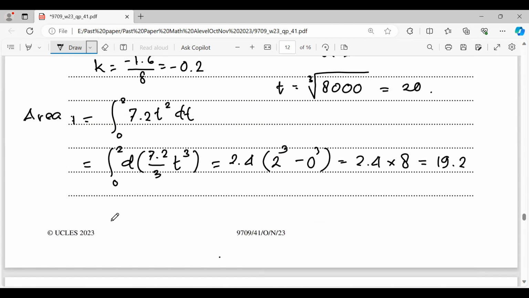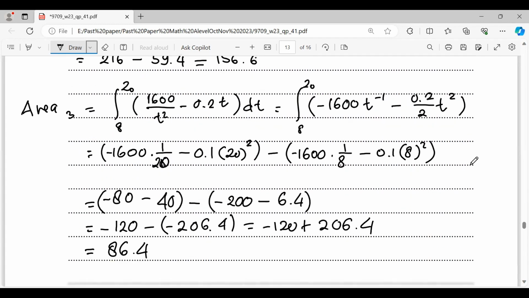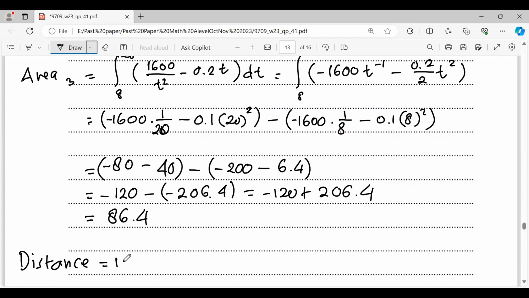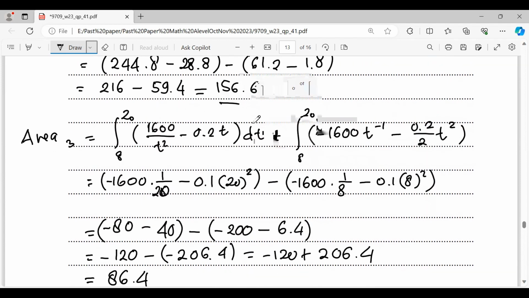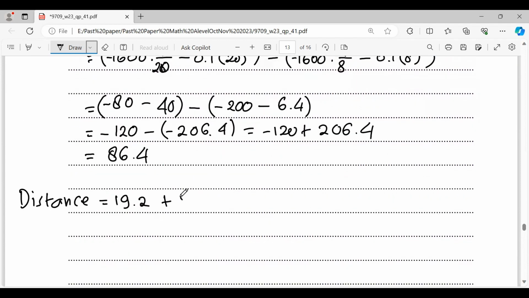First area 19.2 plus second area 156.6, and the third area 86.4. So this is 262.2 meters.